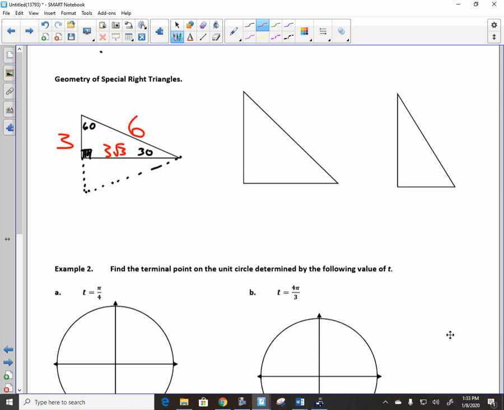We had another special kind of triangle. What special kind of triangle do we have other than 30, 60, 90? 45, 45, 90. Nice job. So we got the 45, 45, 90 guy. What do you think is true about a 45, 45, 90? Two sides are the same because they're isosceles.